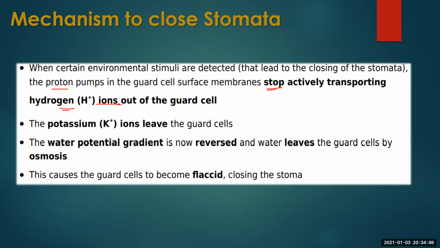Since hydrogen is not going out, what would happen? The potassium ions would leave the guard cells now, because they were entering because of active transport of hydrogen. Now these potassium ions will leave the guard cell. What has now happened? The water potential gradient is now reversed. And since the potassium is also going out, the water leaves the guard cells by osmosis.